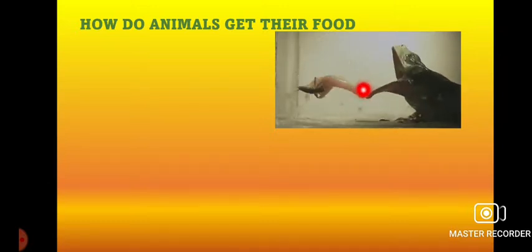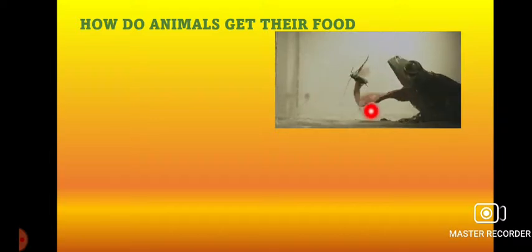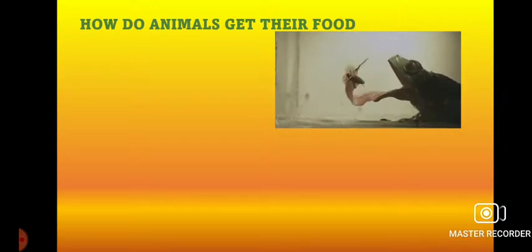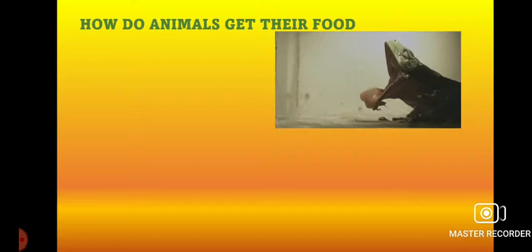If there is an insect there, they protrude their tongue, and once the insect is captured by the sticky tongue, it is not able to move anywhere or go away, and then the frog takes that insect into its mouth.